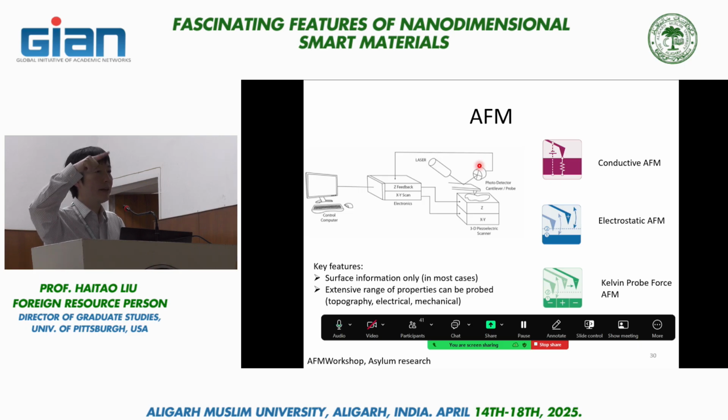You can magnify the movement difference, and there's a detector here. It detects the movement of the laser beam as a result of the vibration. So this detector can know how much vibration there is and what the magnitude of the vibration is.